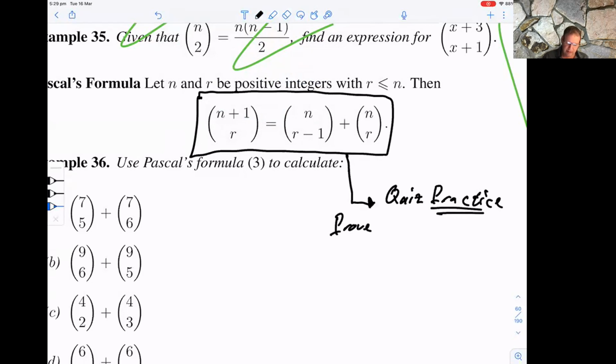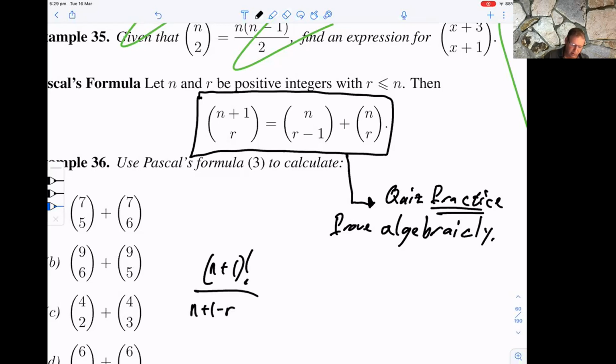As quiz practice, prove algebraically. What do I mean by prove algebraically? Right, n plus 1 factorial divided by n plus 1 minus r factorial multiplied by r factorial. That's this thing, okay?